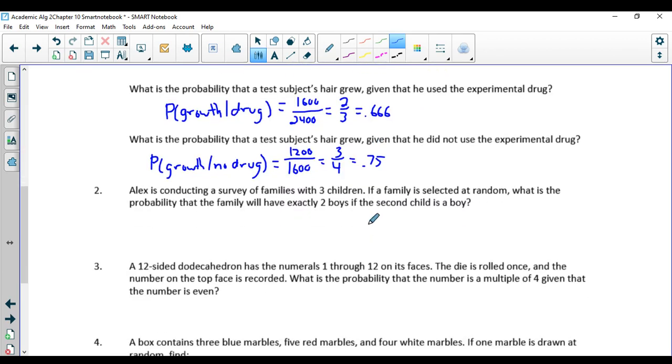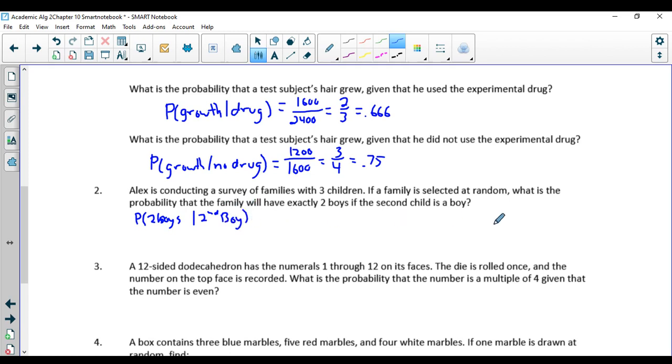For the next one, Alex is conducting a survey of families with 2 children. If the family is selected at random, what is the probability that the family will have exactly 2 boys if the second child is a boy? So this is kind of a given. We're really looking at probability of 2 boys given the second is a boy.